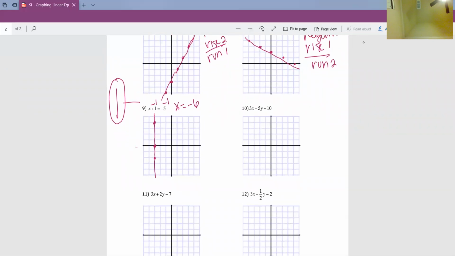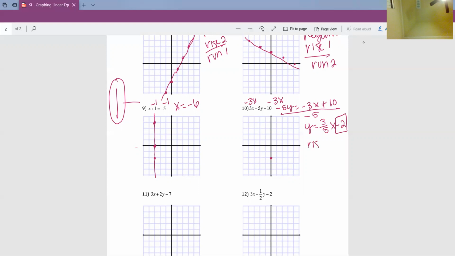Okay, here let's get y by itself. So that is -5y equals -3x plus 10. Then we're going to divide by -5. So y equals 3/5x minus 2. So graph your y-intercept.